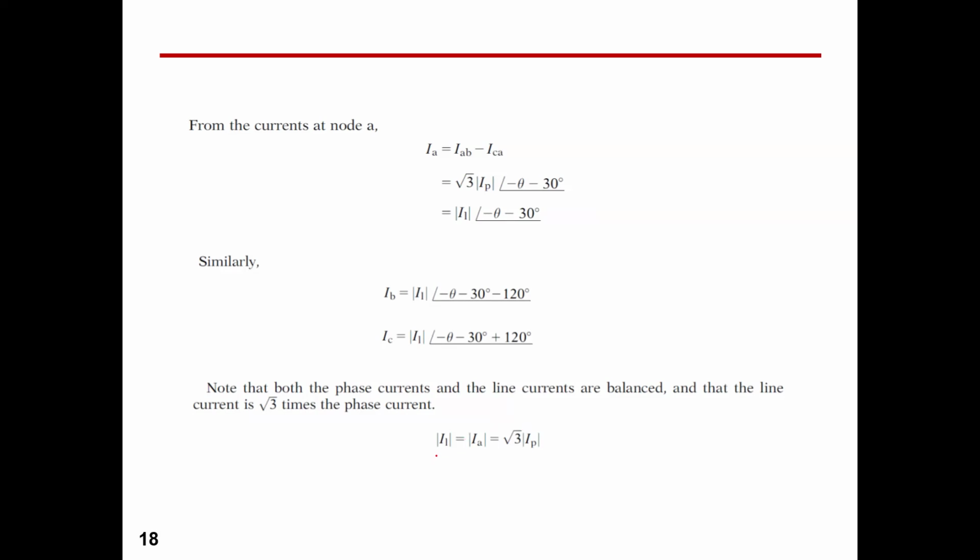So by the end, I line equals one of the letters, IA or IB or IC, equals √3 times I phase. So this is what we need. We don't need a lot of analysis here in electrical machines, like in the electrical circuit course, but just the relations between line and phase voltages and currents. Okay.